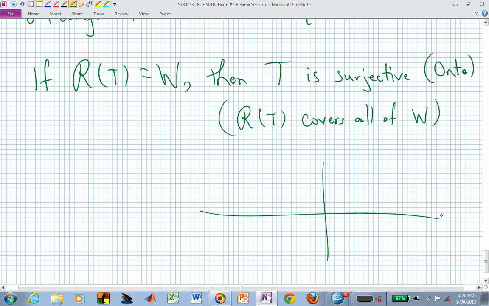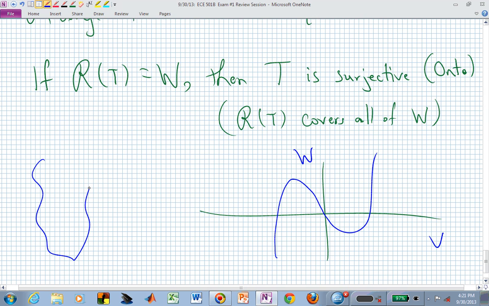And a quick picture for that might be that if the vertical axis again is your output space W, and the input space is the horizontal axis, then you need to be able to get all of these real values in a one-dimensional output space covered by this mapping.